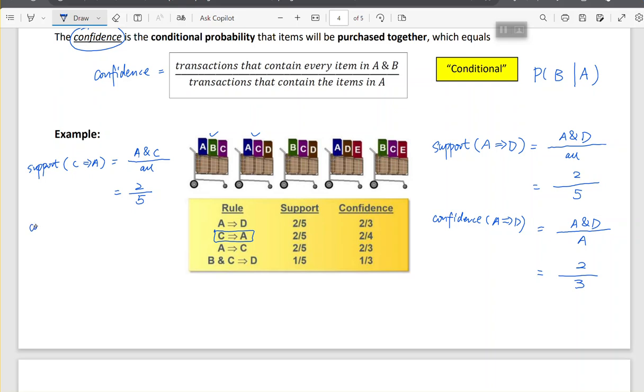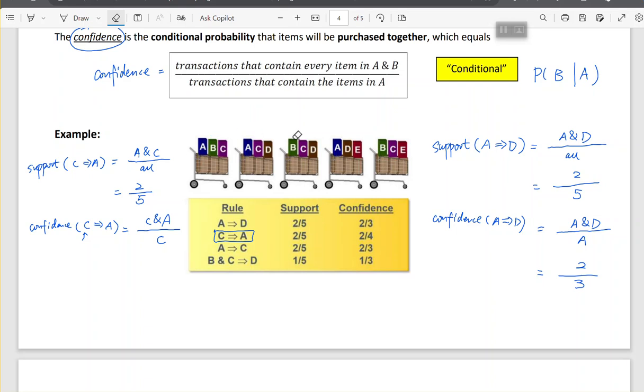Now the other one, confidence. We want to calculate the confidence of C implies A. So what does that mean? That means the customer should already have bought C, and then how many of them will also go and buy A, so that both of these two items are in the basket, right?